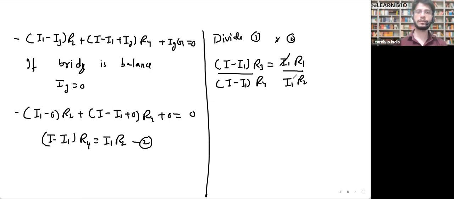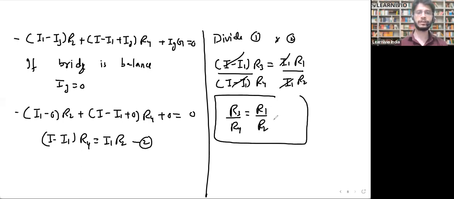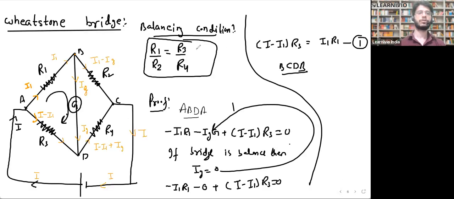So I1 will cancel I1, I minus I1 will cancel I minus I1. And you are left with just R3 by R4 is R1 by R2. So that's the balancing condition. This is how we derive balancing condition of Wheatstone Bridge. This is the balancing condition. Note it down.